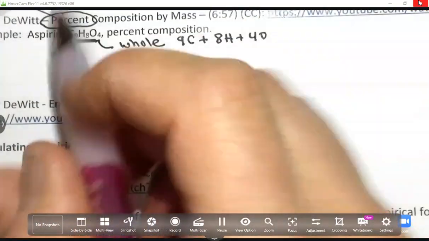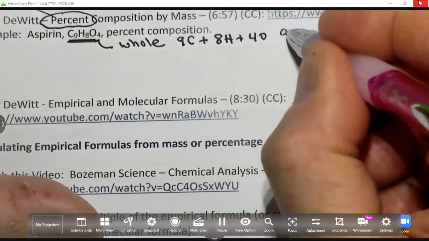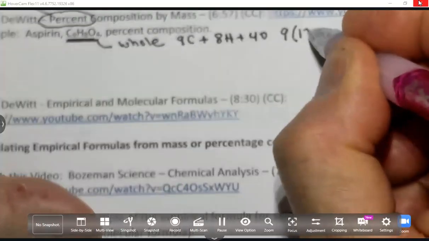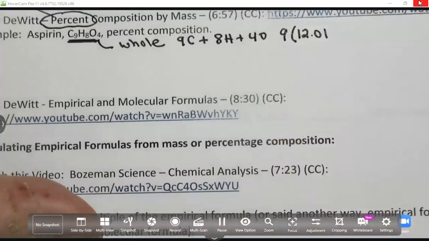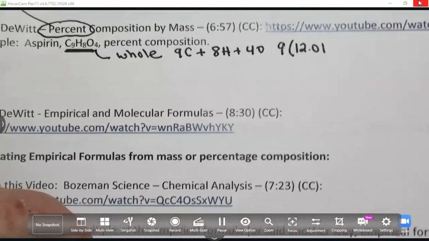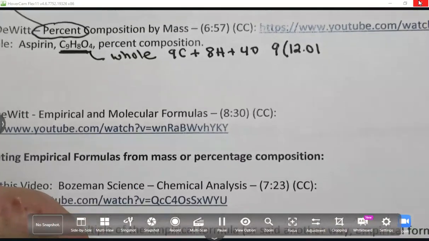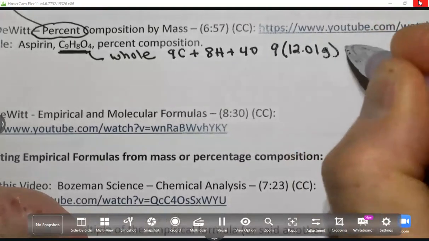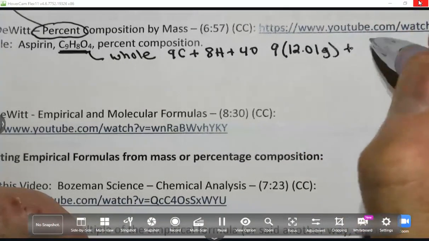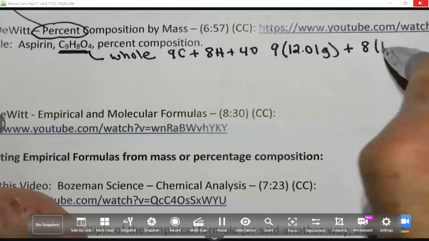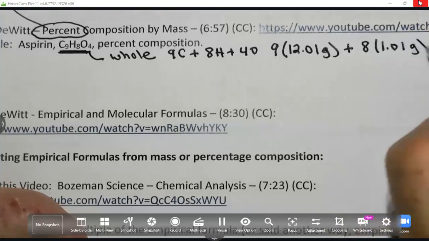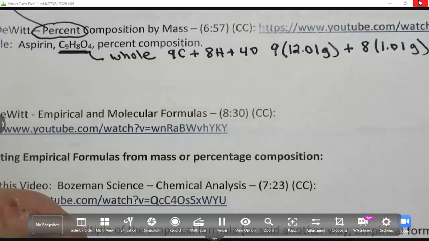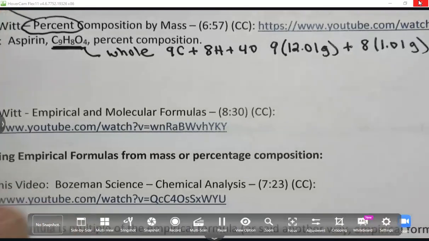Let's do that. So we're going to have 9 times 12.01. We're going to do this in moles, so I'm going to put grams down. Plus, we've got 8 hydrogen at 1.01 grams and 4 oxygen at 16 grams.